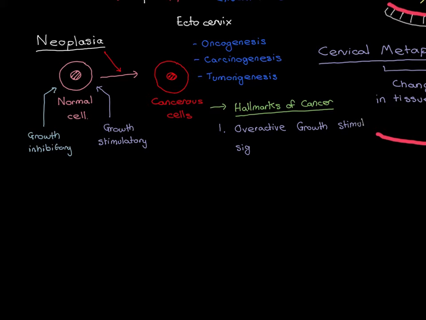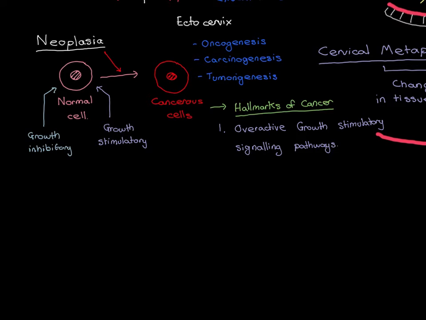Growth stimulatory signaling pathways. Okay, so something is going to happen. Mutations are going to happen to proteins in these growth stimulatory signaling pathways that are going to lead to them becoming overactive. And I'm just going to give you another piece of terminology which will become useful later on.